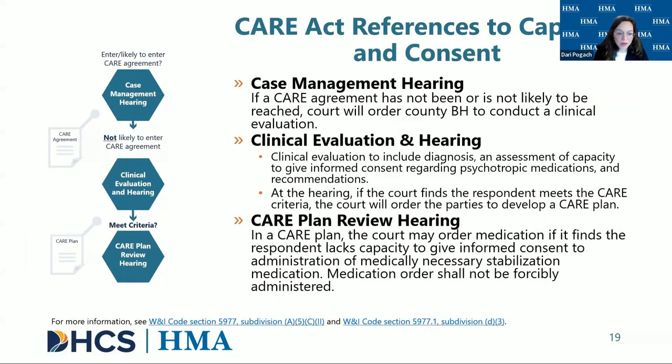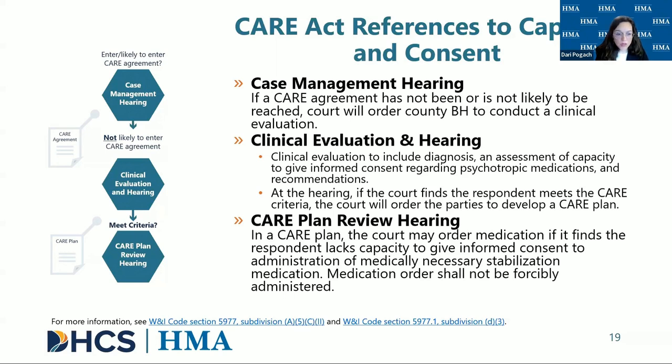And so this is where there are 3 points that we're going to talk about more specifically where capacity and informed consent come into play. So first, at the case management hearing, the court will make a determination if the parties are able to enter or likely to enter a care agreement.